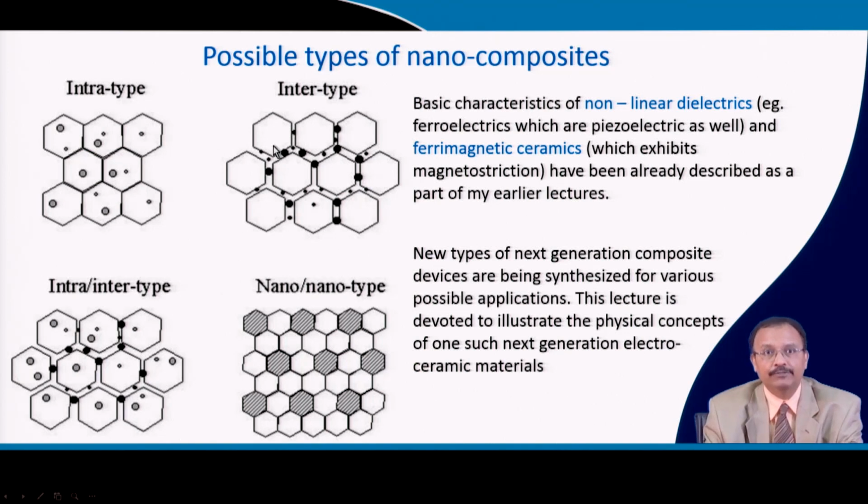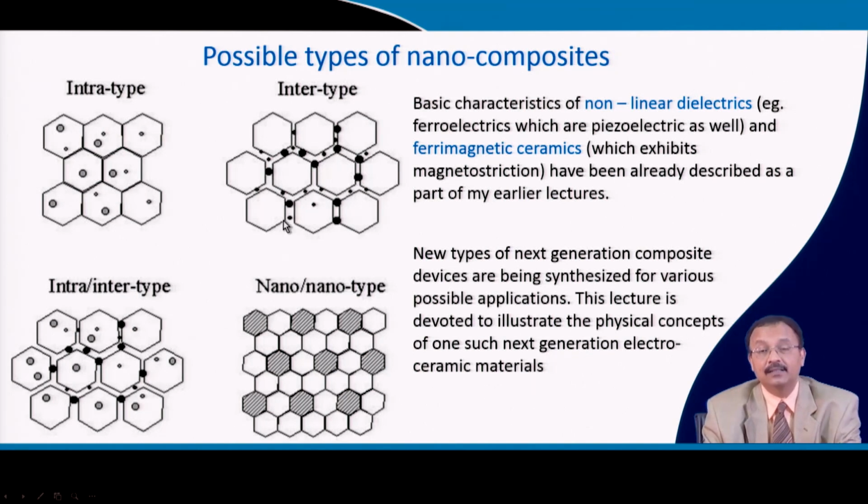So, you can have 4 different types of nanocomposite. The first one, that is intra type, where the guest nanoparticles are embedded in the host. It can be intertype, where the guest are deposited in the grain boundary region, and both intra and intertype, where as you can see they are in the grain boundary as well as inside the grain.